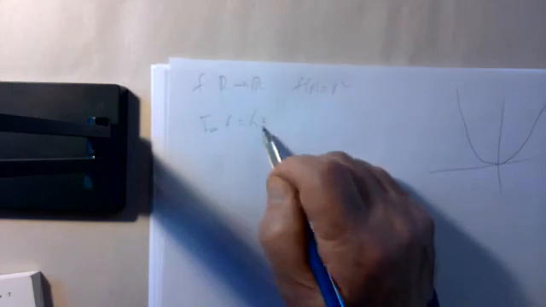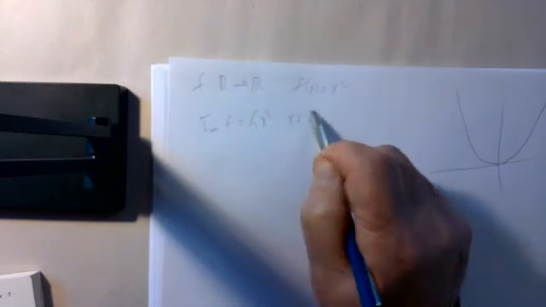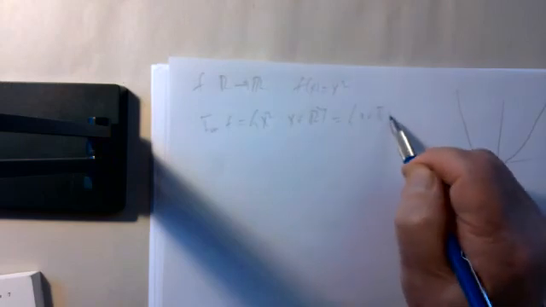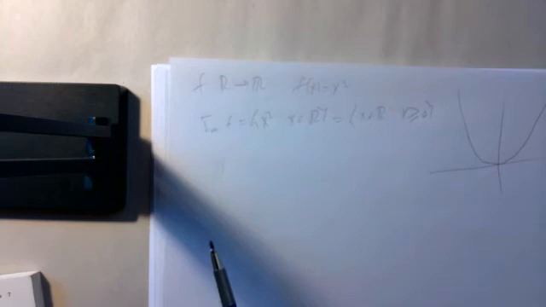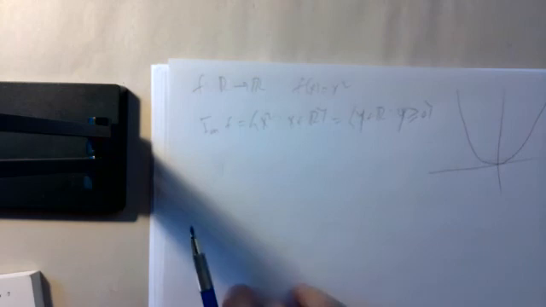The image of f is all x squared, which is the same as saying all non-negative numbers, right? Because the squares are the non-negative numbers. So just look at the graph, and the y values, all y which are greater than or equal to 0.